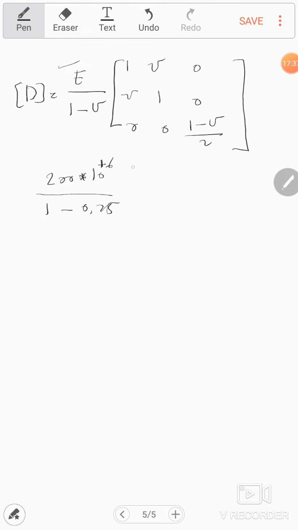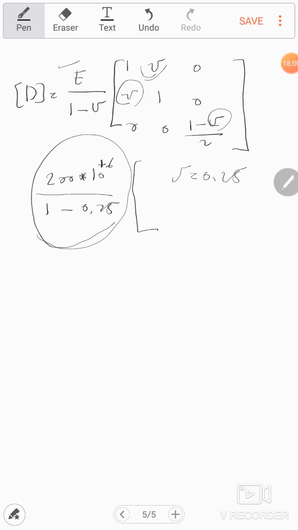Just substitute your values here. Poisson ratio equals 0.25. Make it as simple as you want; it depends on you, no problem.